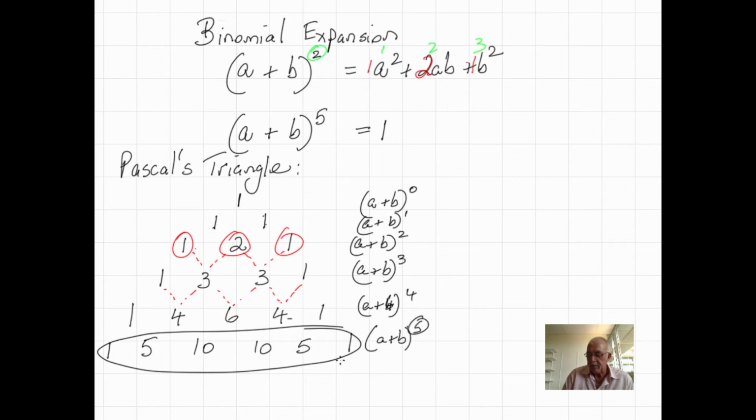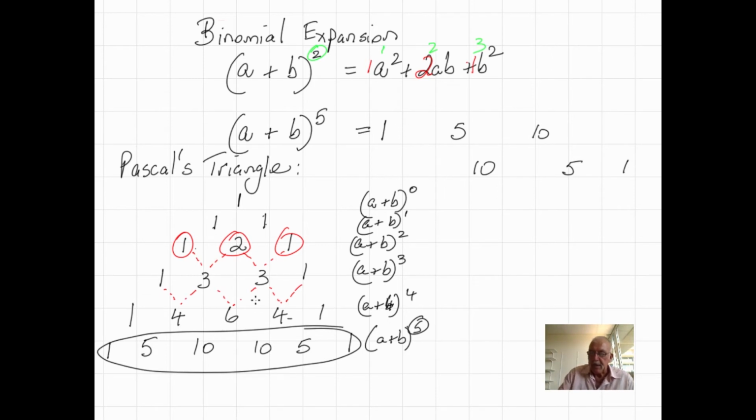We've got to the power of 5, so these are going to be our coefficients. So it'll be 1, 5, 10, 10, 5, and 1.